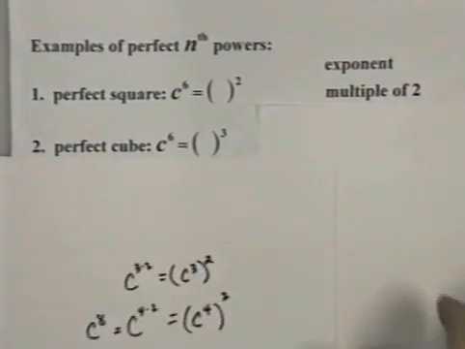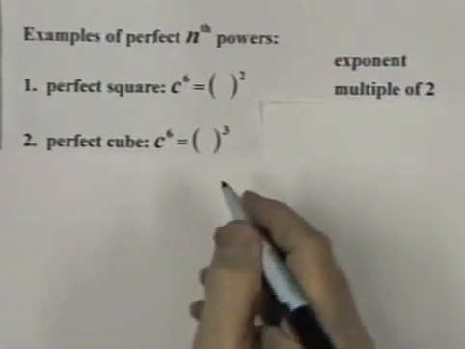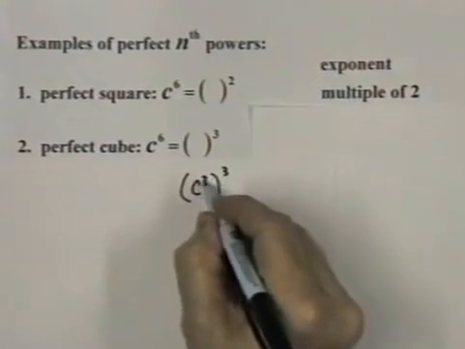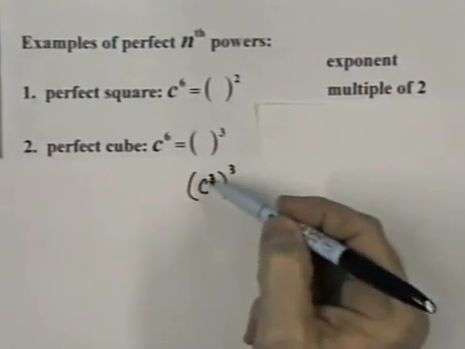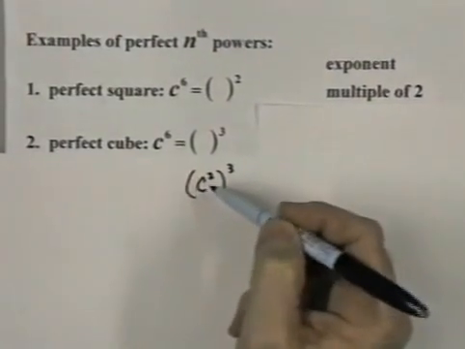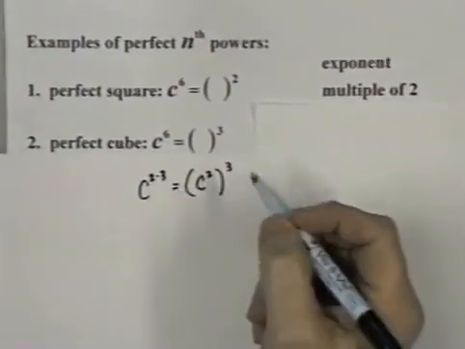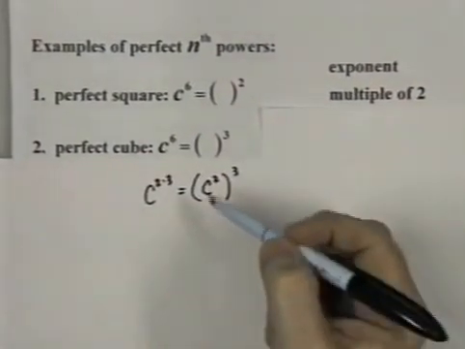Well, look at the same example, c to the 6th. Isn't that also a perfect cube? Because I can write c squared inside, and now I'm cubing the second power of c, which is the same thing as c to the 2 times 3 again, or c to the 6th.